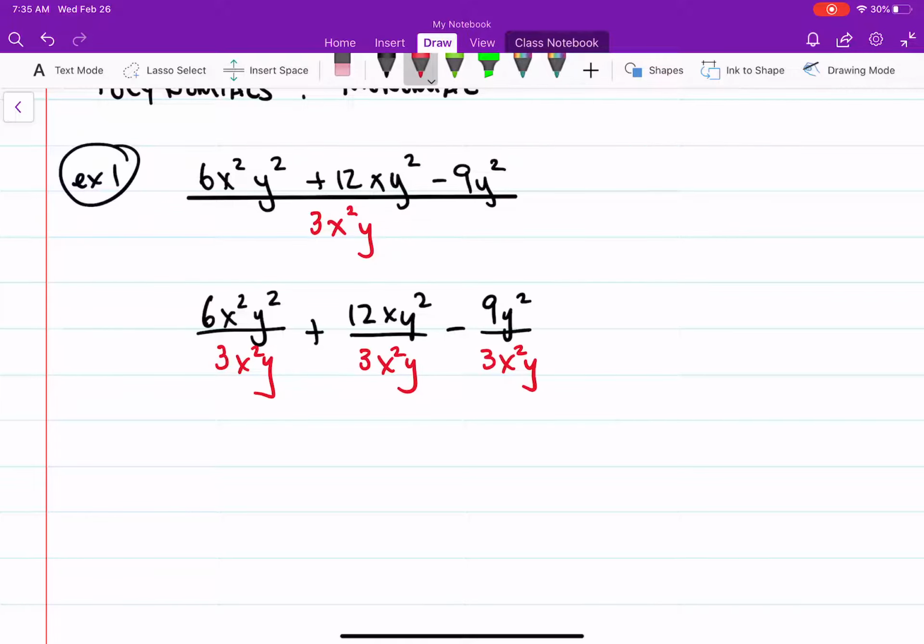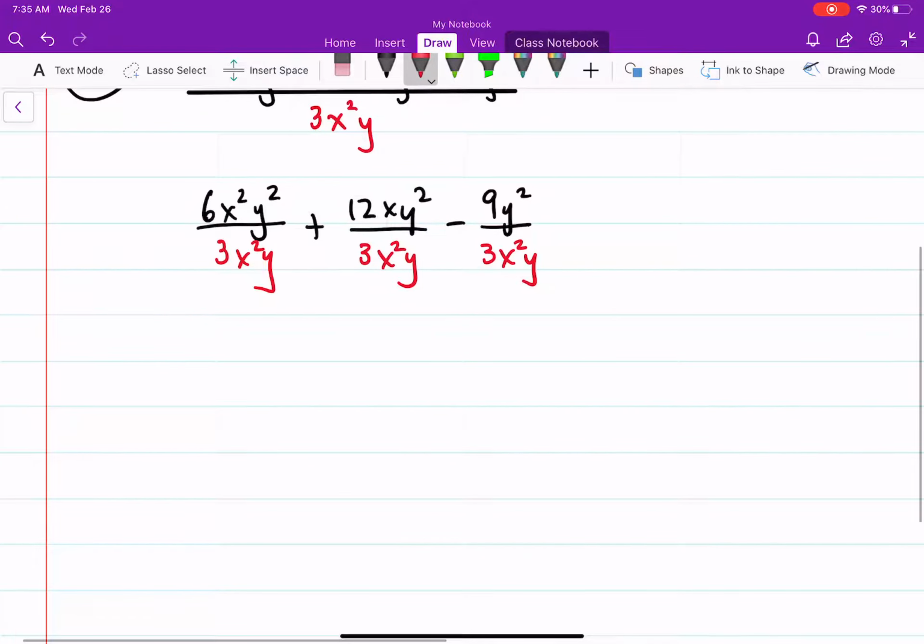So we're just separating into 3 different fractions, and then within each fraction we're going to reduce, just like we did in 5.1, just like we would reduce if it was reducing powers.